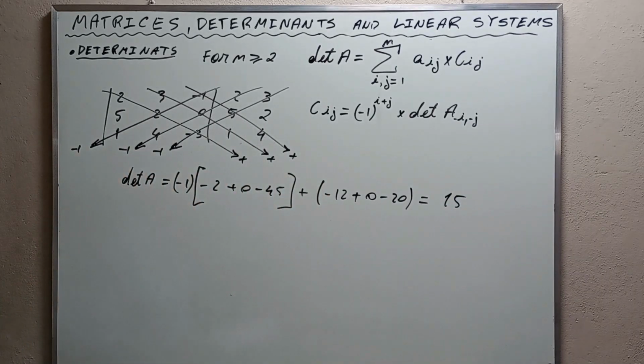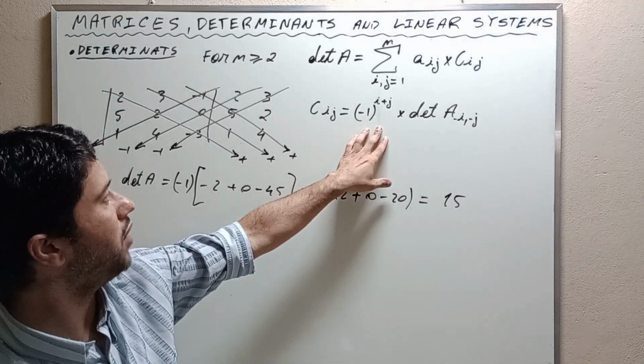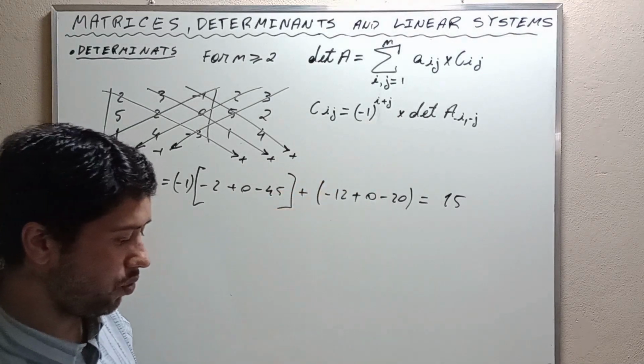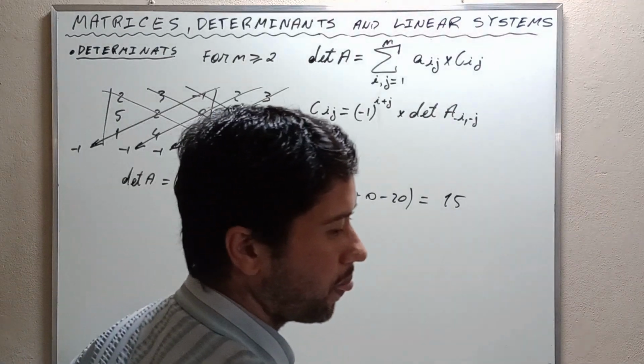This is the rule of Sarrus. Now let's implement this algorithm to calculate the determinant of a 4x4 matrix.